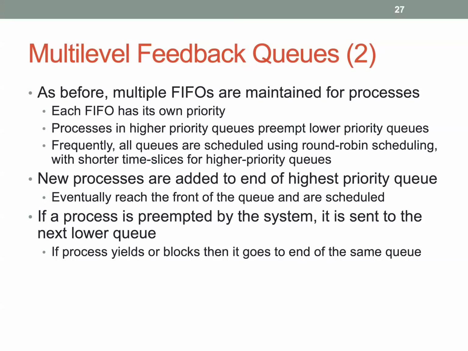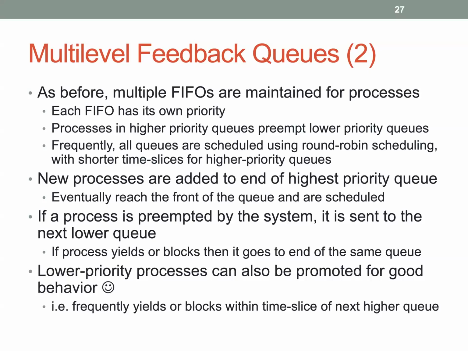If it yields, it'll stay in the same queue. If it blocks, then it goes into a block queue, but then when it comes back, it returns to the same ready queue. And then all the processes end up in queues whose time slice is slightly larger than the process's CPU burst length.